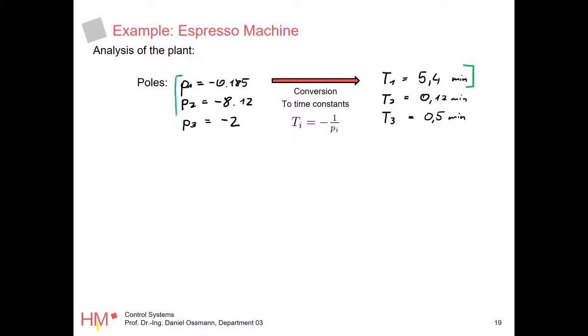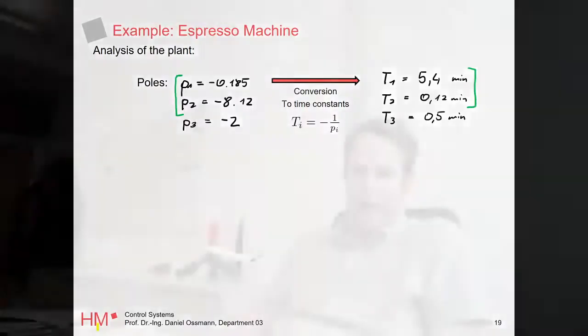If you take this couple here, you realize that one eigenmode takes 5.4 minutes. Yeah, it's a long day. 5.4 minutes, which means to reach 95% of your final answer, this eigenmode nearly needs 15 minutes. The other one is only 0.12 minutes.